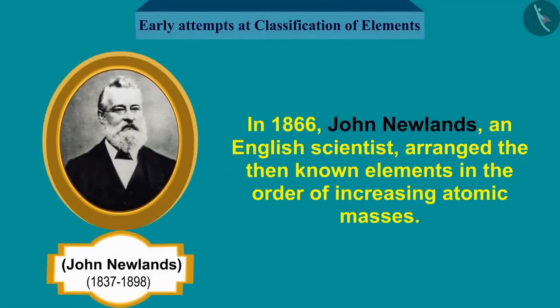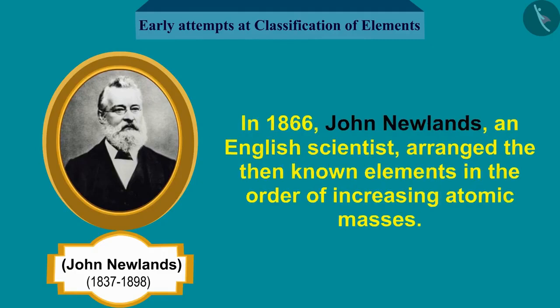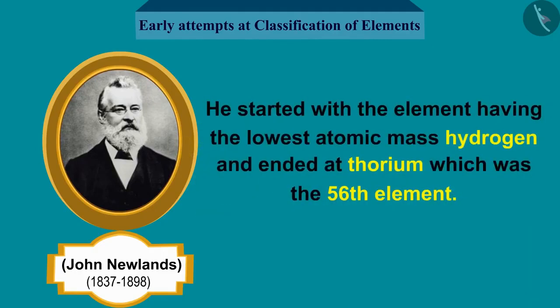In 1866, John Newlands, an English scientist, arranged the then known elements in the order of increasing atomic masses. He started with the element having the lowest atomic mass, hydrogen, and ended at thorium, which was the 56th element.